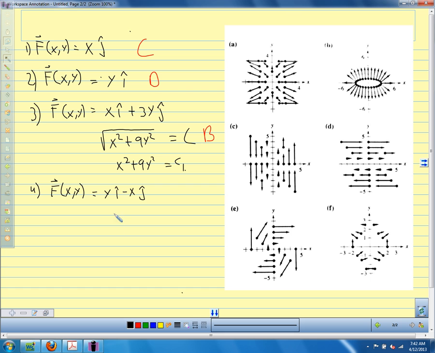If we look at the constant magnitude, the square root of y squared plus x squared is a constant, or x squared plus y squared is some other constant. So we have a constant magnitude on circles. If we go around the circle, the vectors here have a constant magnitude. The vectors in the next circle have a constant magnitude. So this would be E.